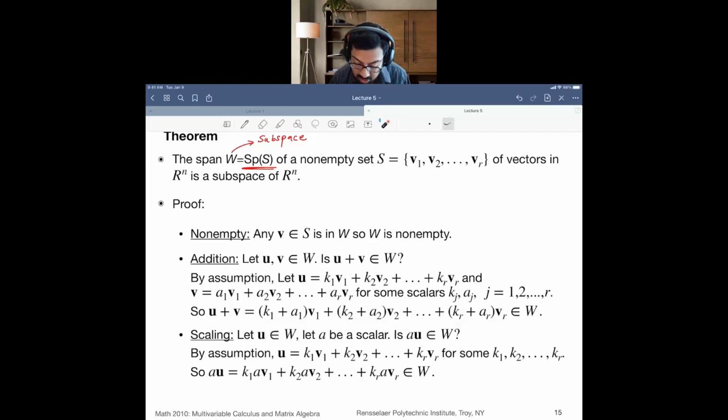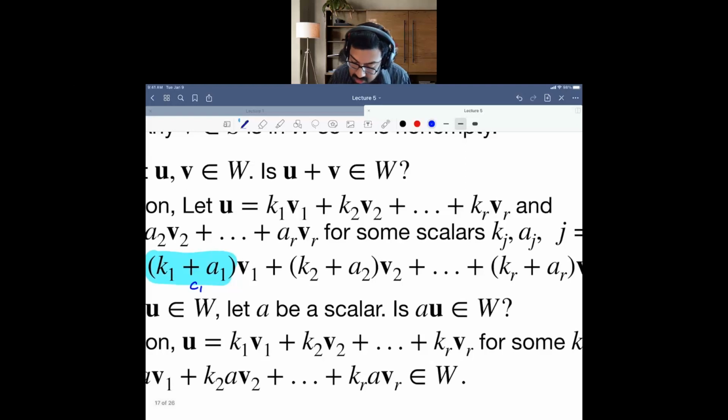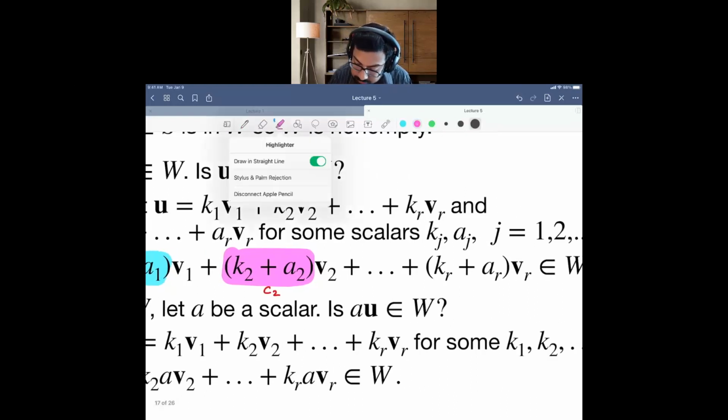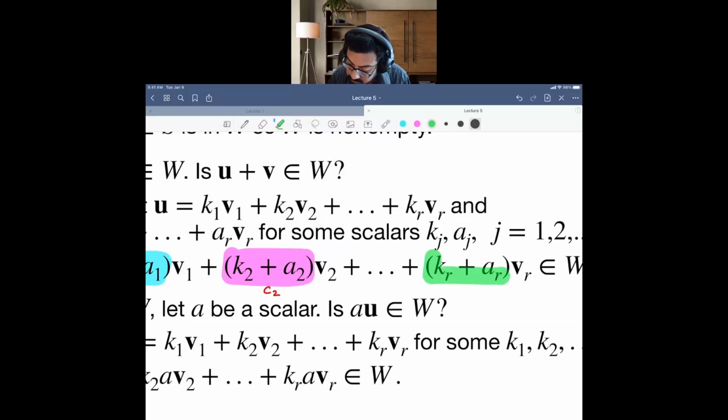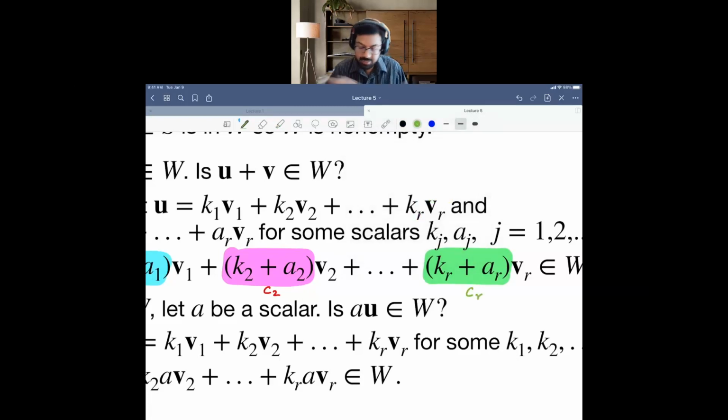And as you can see, if I assume that this is some other scalar, let's say this is C1, and this is some other scalar C2, and so on up to some other scalar Cr.